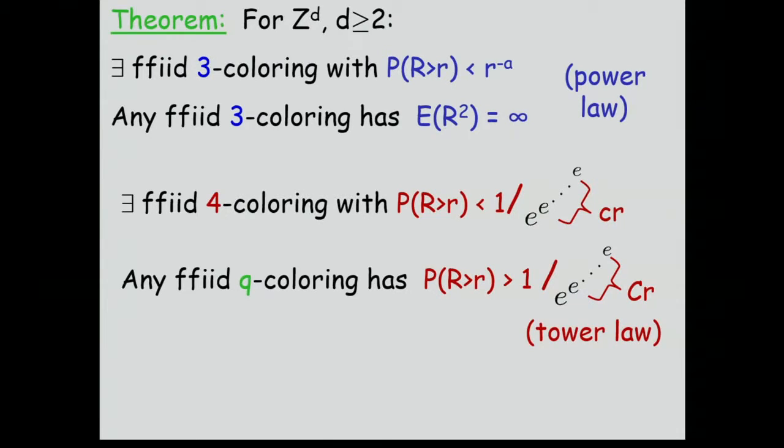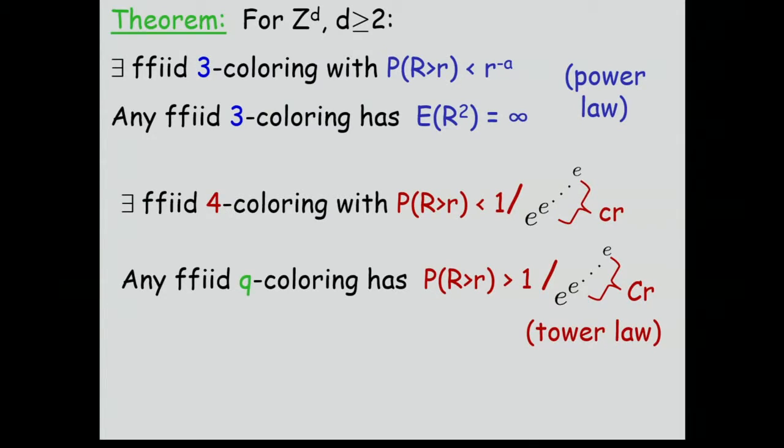It's very, very nearly a bounded random variable in some sense. For all practical purposes, it's bounded. So can you do any better? Well, no. Actually, this is tight in the sense that for 4 or more colors, there's a lower bound of the same form, with a different constant, which of course makes a big difference with functions like this.